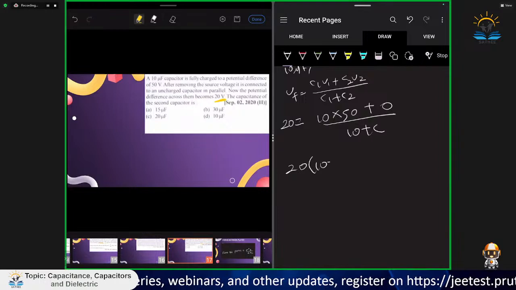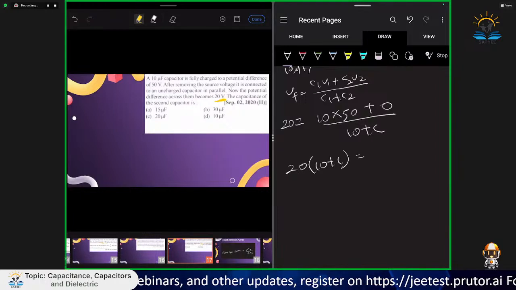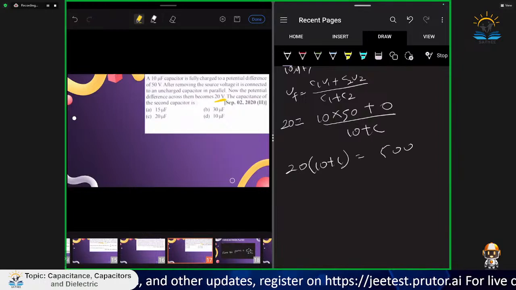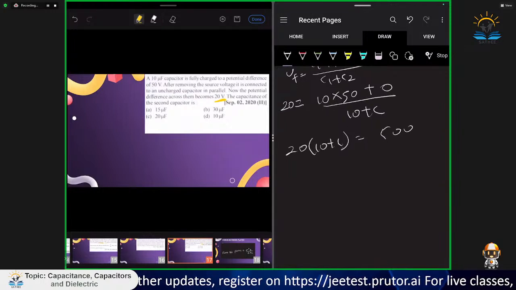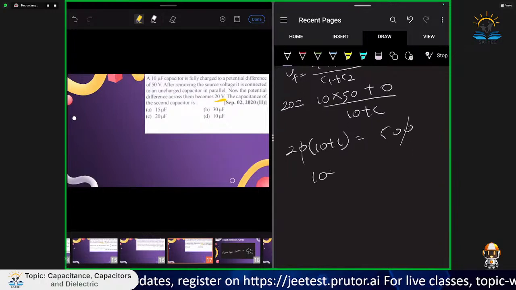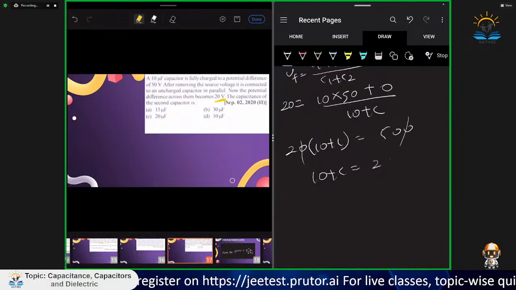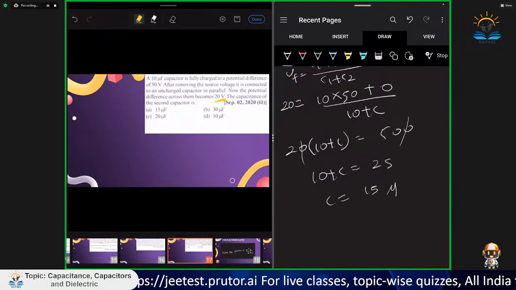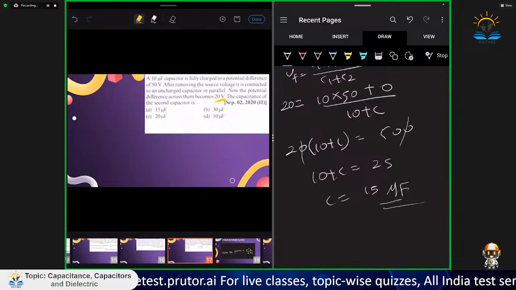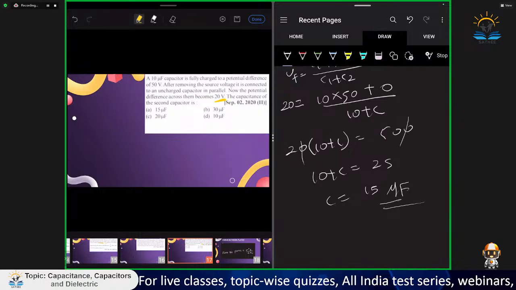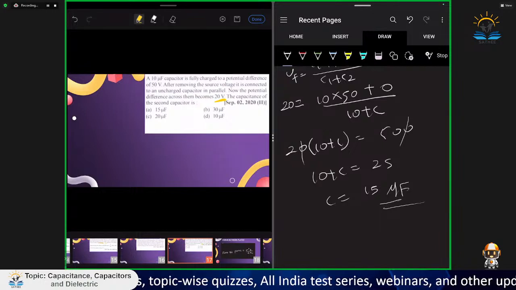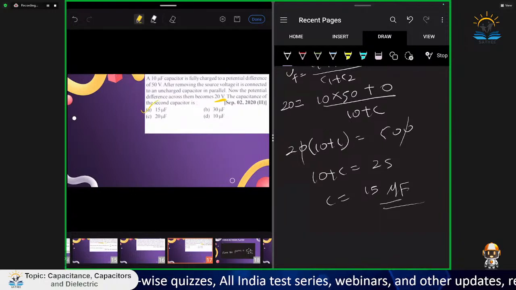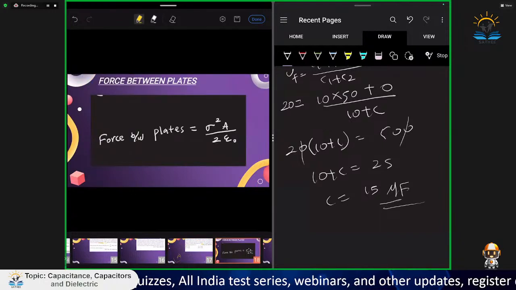So 20 into (10 plus C) becomes 500. So 10 plus C becomes 25. That is, C becomes 15 microfarad. Easy? Yes. That is the correct answer.